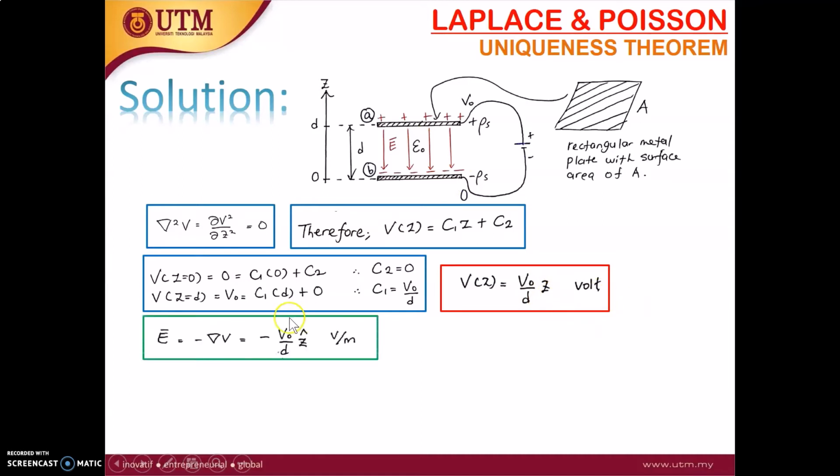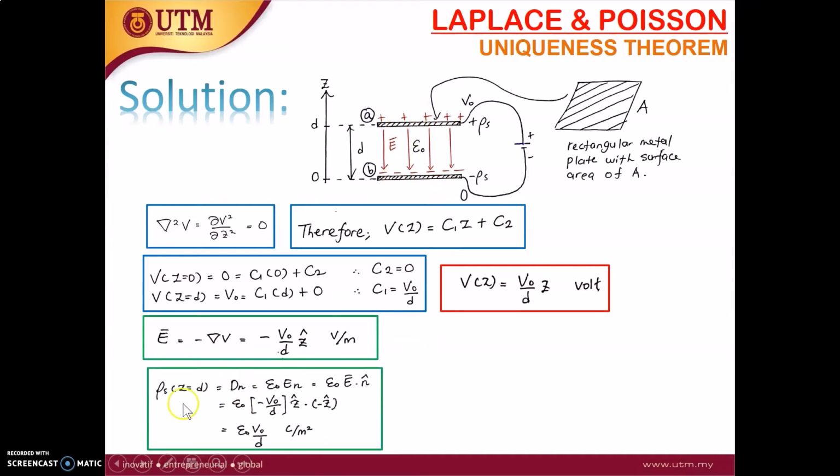Next, we can find the electric field intensity by using the gradient. For the gradient, you differentiate V with respect to Z. You get negative V0 over D in the direction of Z. So it's the same as what we labeled here.